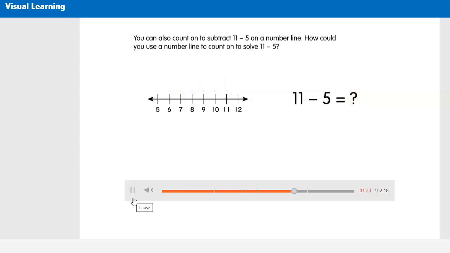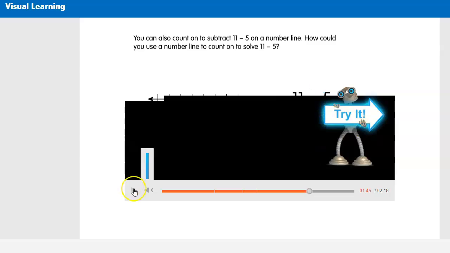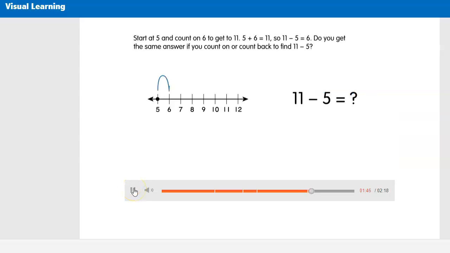You can also count on to subtract 11 minus 5 on a number line. How could you use a number line to count on to solve 11 minus 5? Start at 5 and count on 6 to get to 11. 5 plus 6 equals 11.